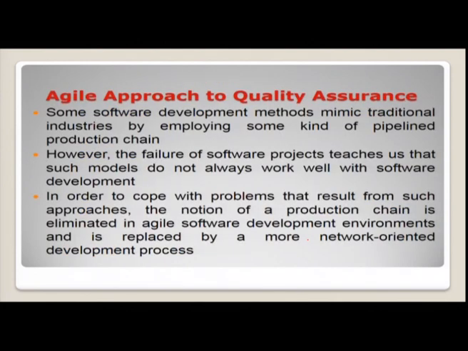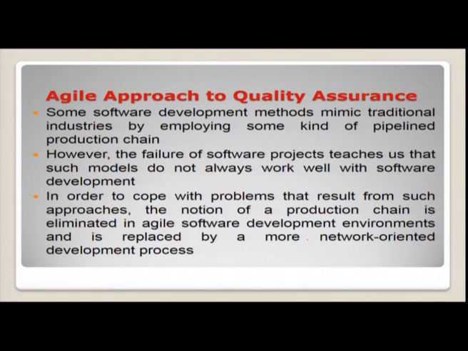As the first topic of the session, let us see about the Agile approach to quality assurance. Some software development methods mimic traditional industries by employing some kind of pipelined production chain. However, the failure of software projects teaches us that such models do not actually work well with software development.